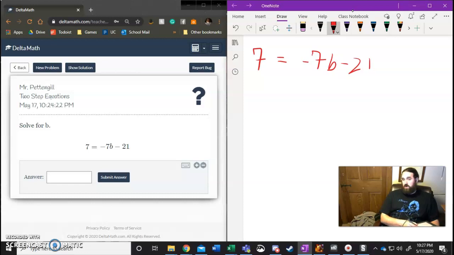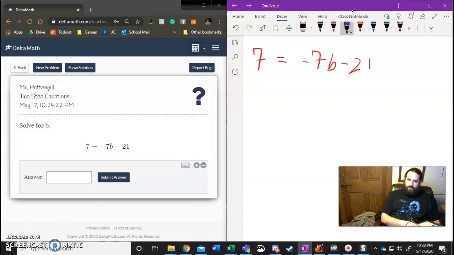Most math teachers don't, honestly. So if you want to rewrite it with the equals 7 on the other side, that's fine. Me, personally, I don't bother. Why go through the extra effort of rewriting it? Because oftentimes I rewrite things for no reason. I make mistakes.